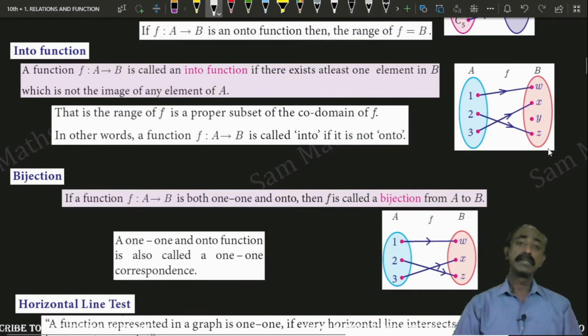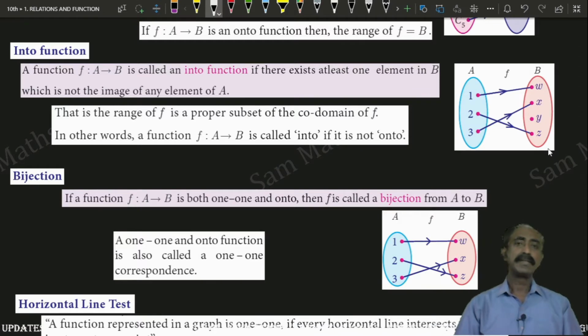Next is into function. If it is not onto, it's into. That's all. A function f from A to B is called an into function if there exists at least one element in B which is not the image of any element of A. In other words, we can say at least one element of codomain does not have a pre-image.